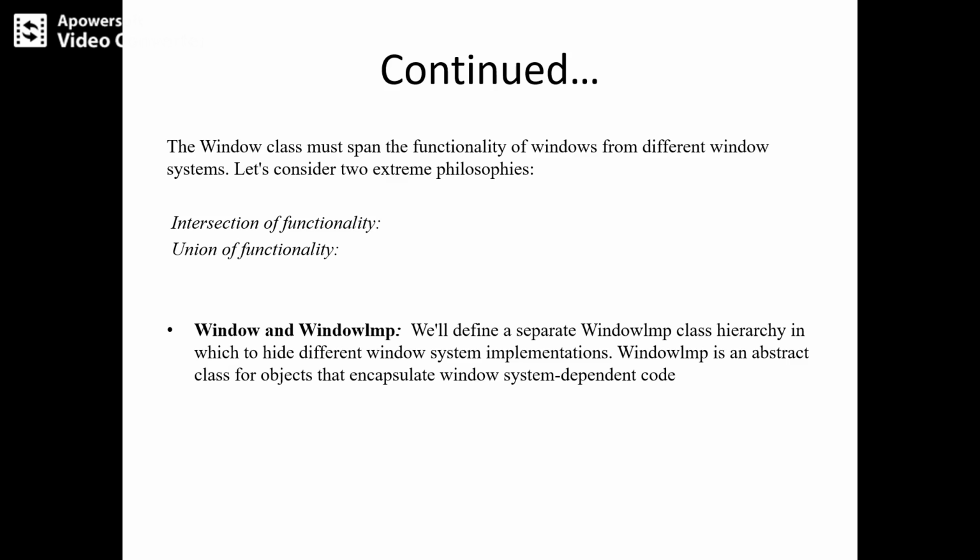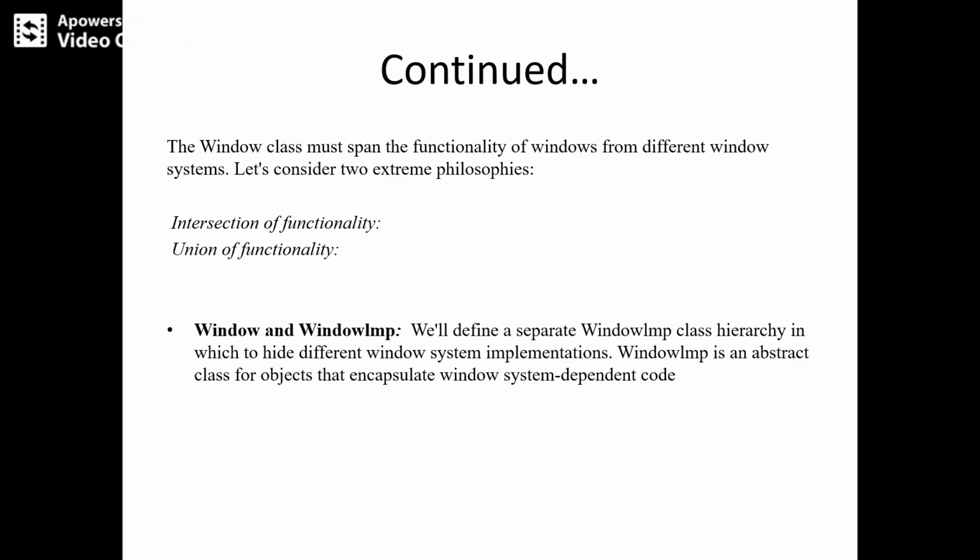For example, application windows, icons, and warning dialogs are all windows, but they have somewhat different behaviors. So we can define subclasses like application window, icon window, and dialog window to capture all of these.